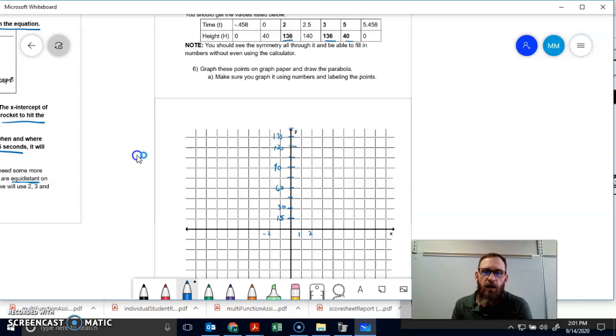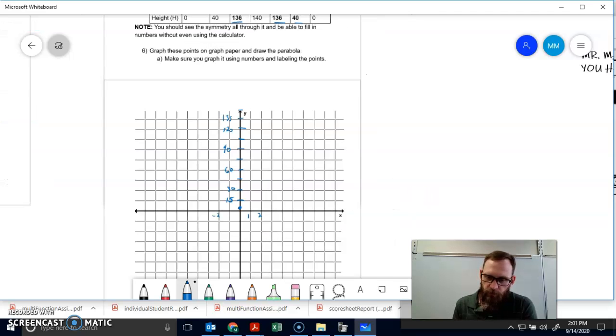Okay. So let's label each of these. So I have the 1 point, the x-intercept. It's real small. Okay, sorry, the thing jumped on me there. It's jumping around. Okay, so the x-intercept right here.